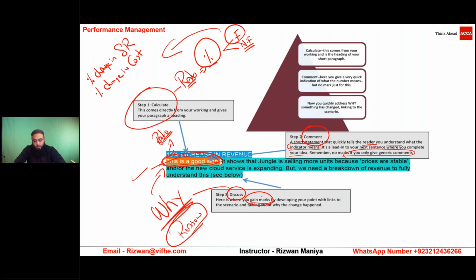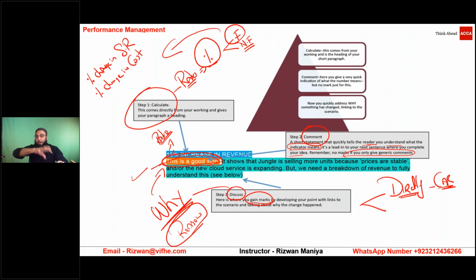Remember that reasoning will play a very important role. For the reasons why this happened, you can definitely find them directly from the case study, from the scenario. It's a professional paper. The examiner is not a fool. The examiner prepares the scenario and leaves certain reasons in it which you have to pick and write.